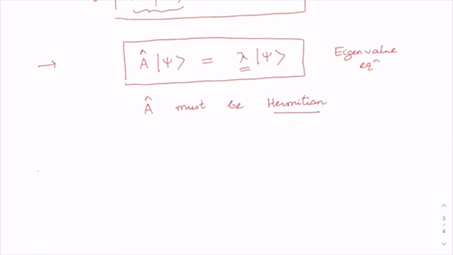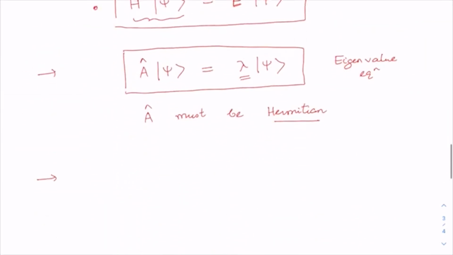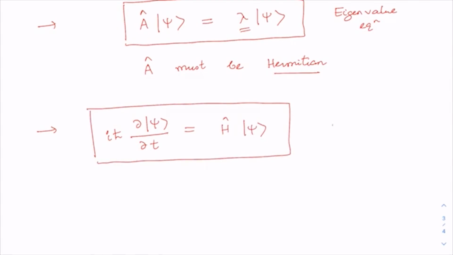Now, another important postulate says that the time evolution of the state vector psi is given by the so-called Schrodinger equation, and you know this Schrodinger equation is this one.